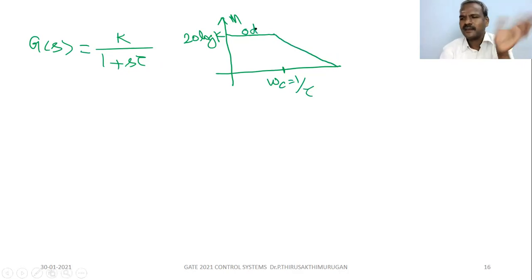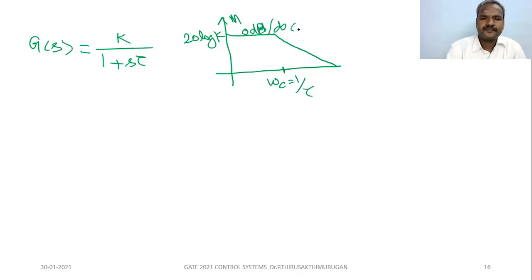You can have it in any fashion. So this is omega tau, logarithmic log of omega. After the corner frequency, this is minus 20 dB per decade or minus 6 dB per octave.